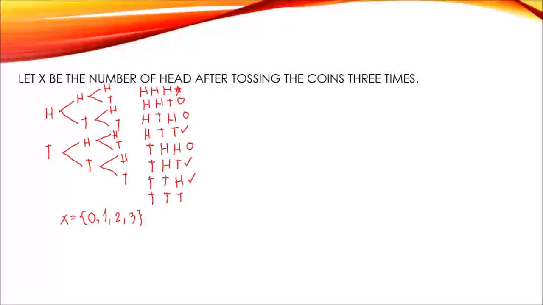So let's make a probability distribution for this. We have the probability when x is equal to 0. How many combinations consist of no head? We have only one, which is all tails. So we have 1 out of 8 combinations.